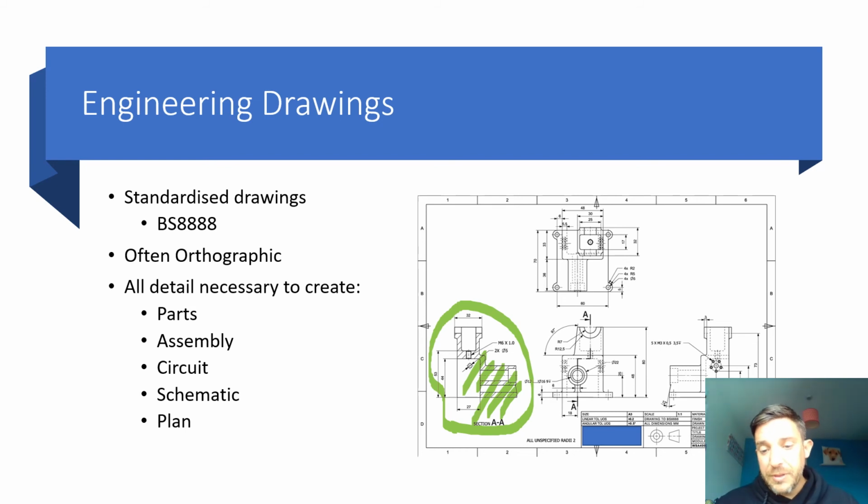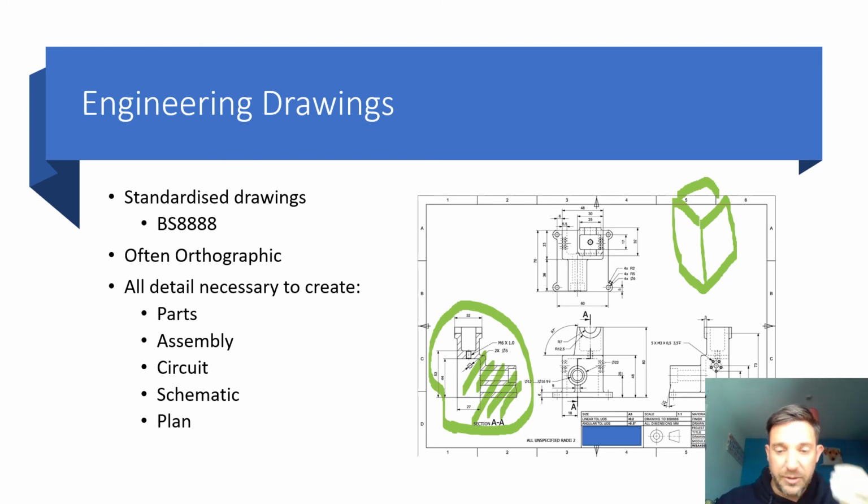The problem with orthographics is that it can take a bit of time to look at an object and really understand how those orthographics combine together to create the three-dimensional object. Nowadays with CAD, what you would normally find as well is some form of three-dimensional view on the drawing itself, just to help bridge that gap so you can see what the part should look like before going in to look at all of the exact detail.